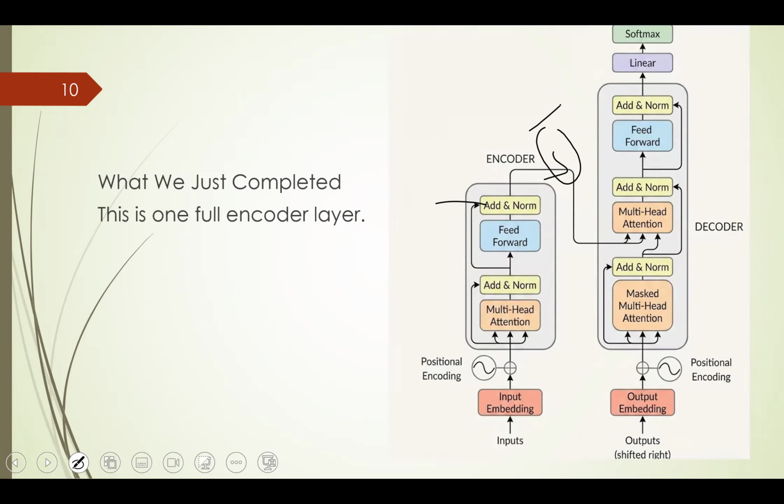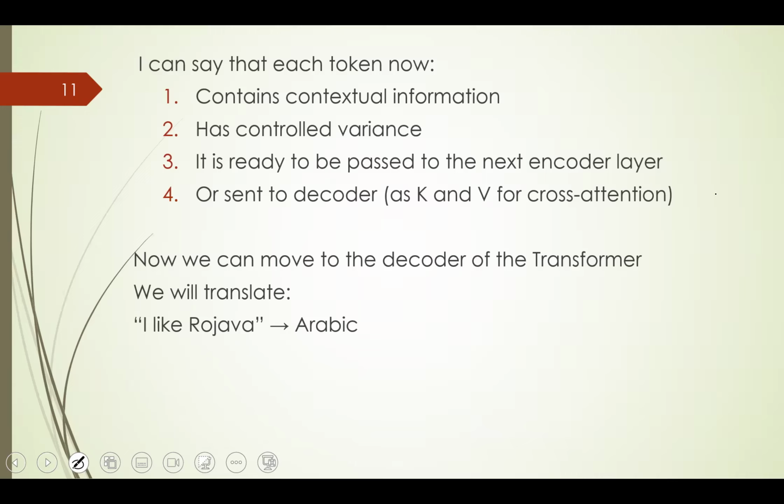Next we are going to explain the decoder part by part, step by step, so that we can get a better understanding. Each token now contains a contextual information representation. Each token attends to itself and the others, and has controlled variance.